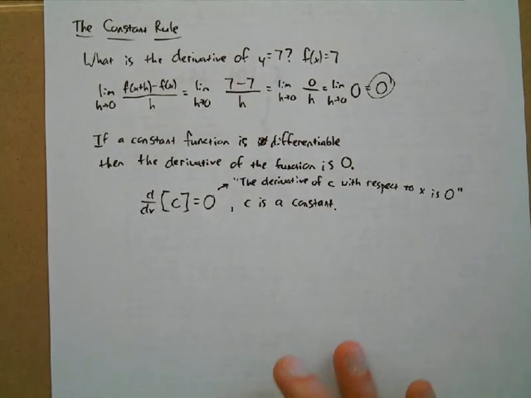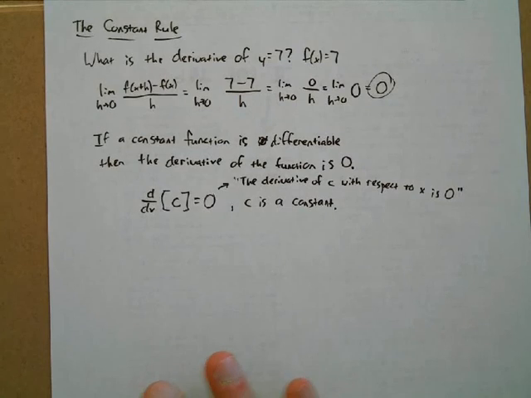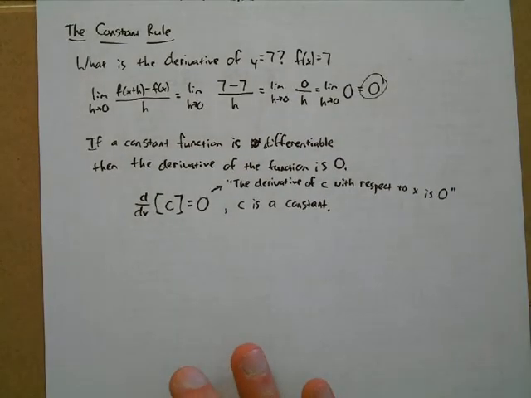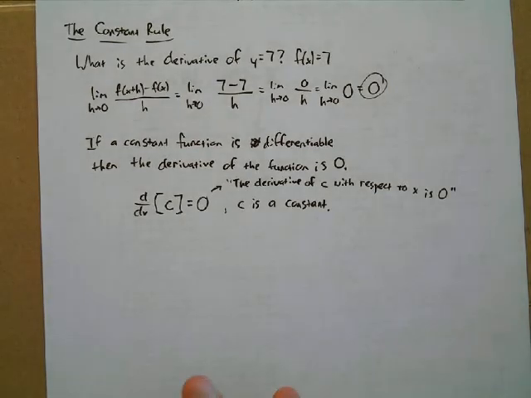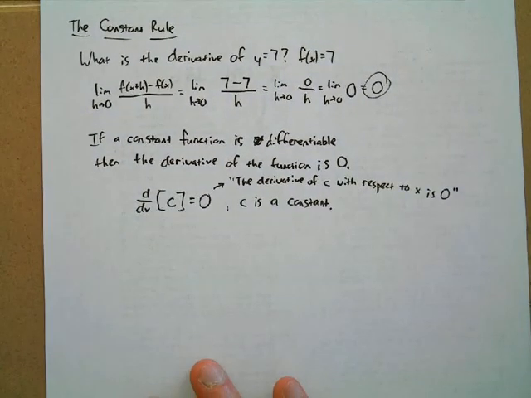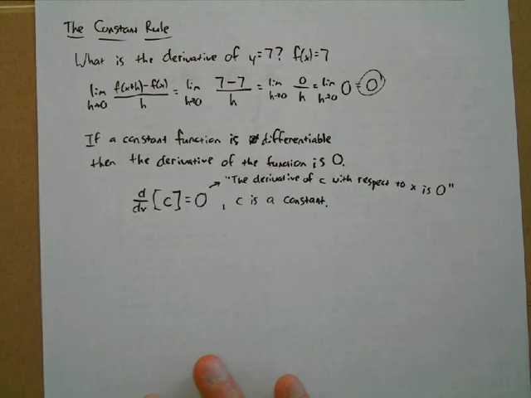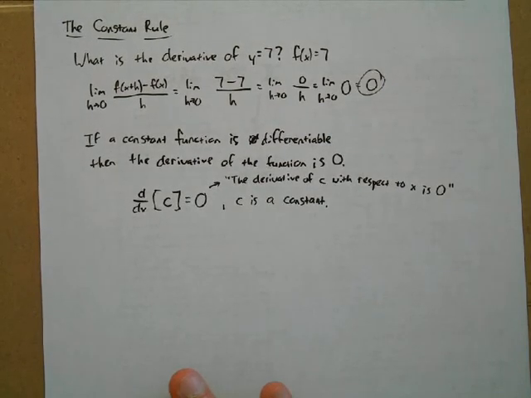There will be situations later in calculus where you'll have different variables mixed together, like x's and y's, for example, and you need to know with respect to which variable you are taking the derivative. So typically it's x, but it can be other variables too, depending on what's mixed together. But traditionally it's just x. And you'll see what happens when you have multiple variables and you're trying to take the derivative with respect to just one of them. But that's beyond what we need to worry about right now. Okay, so that's the constant rule.